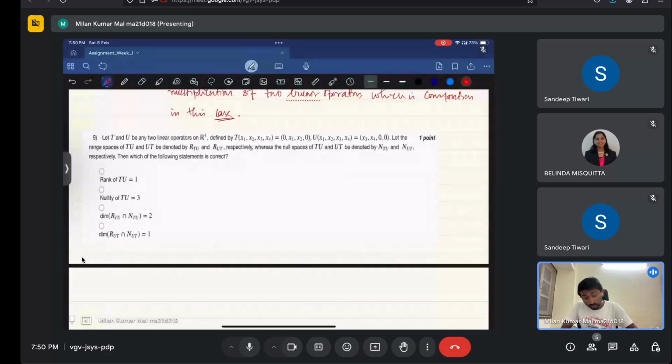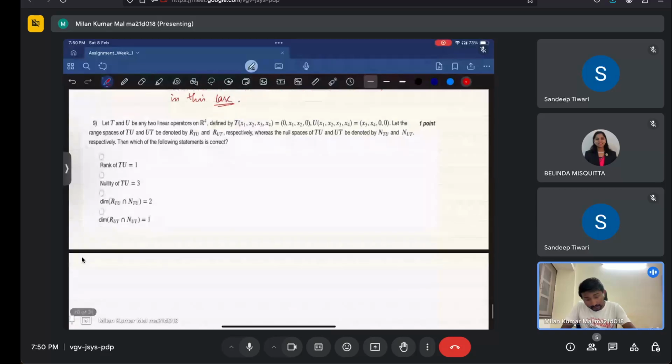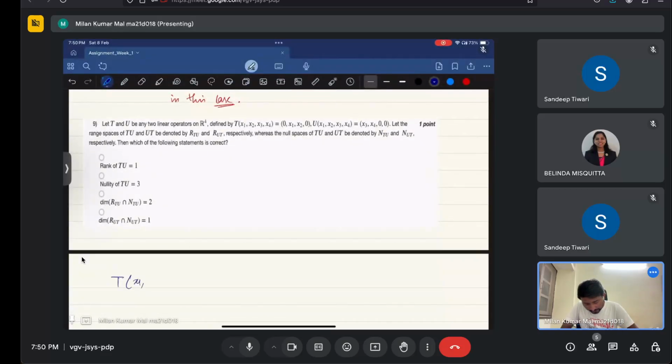Let T and U be two linear operators. T is the linear operator that maps (x1, x2, x3, x4) to (0, x1, x2, 0). So this T is not only making some elements 0, but it is also shifting some elements.